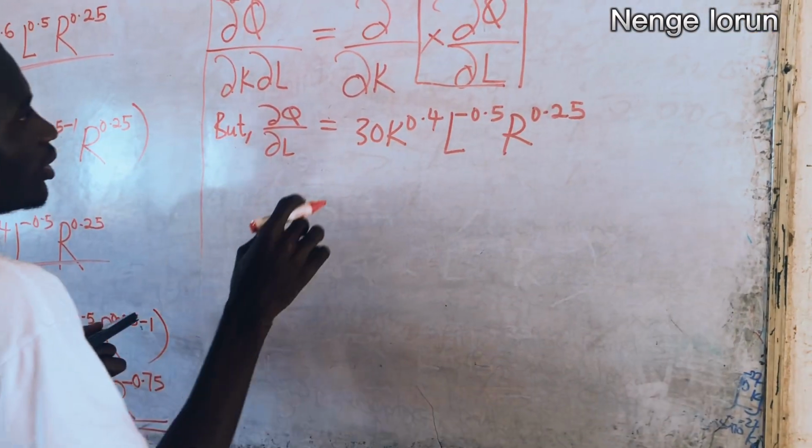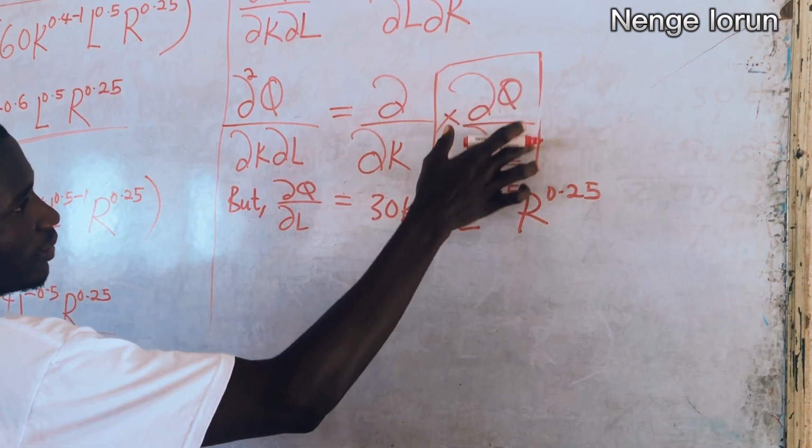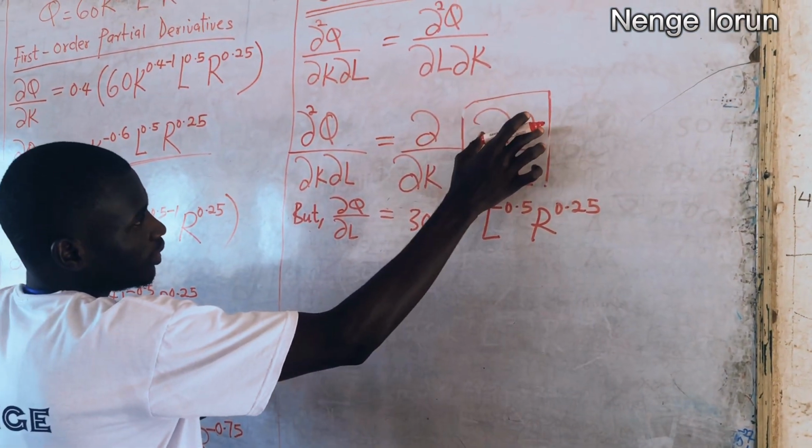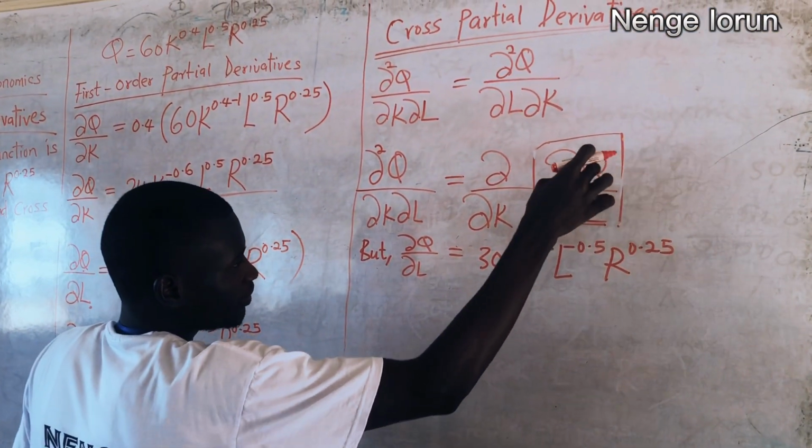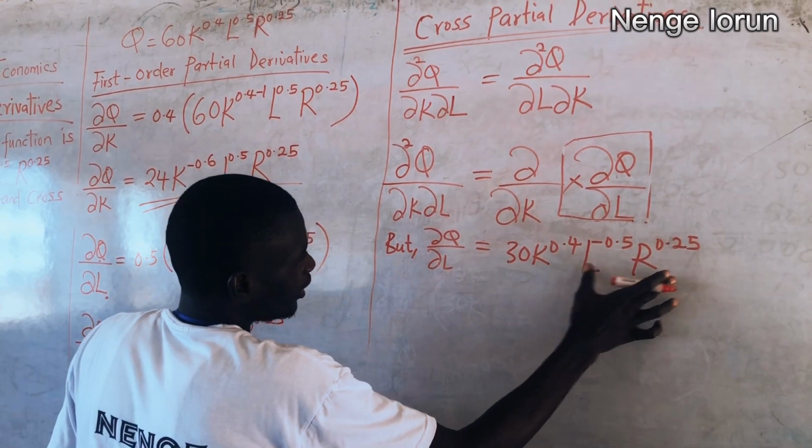So now, in place of this partial derivative of Q with respect to L, you impute this value.